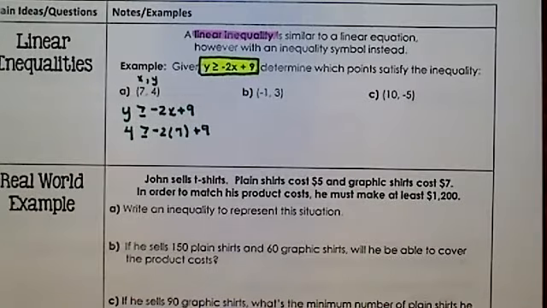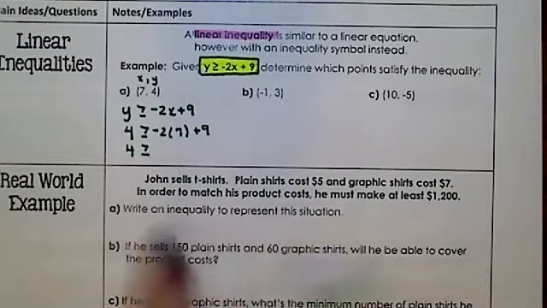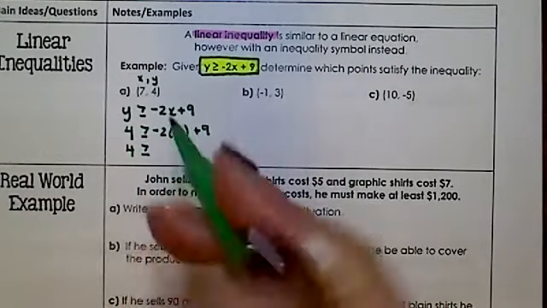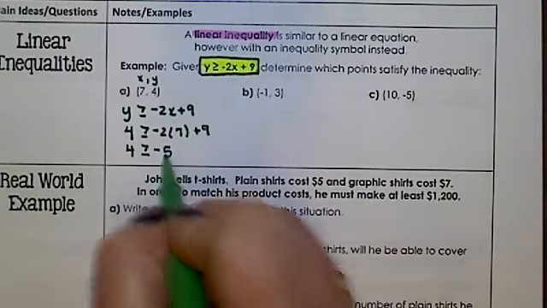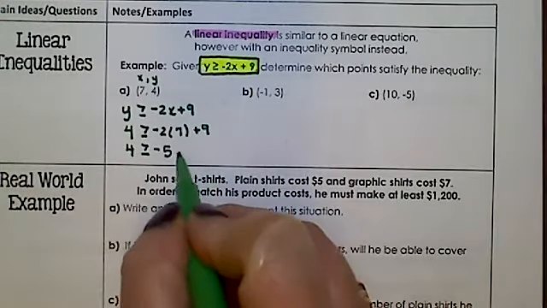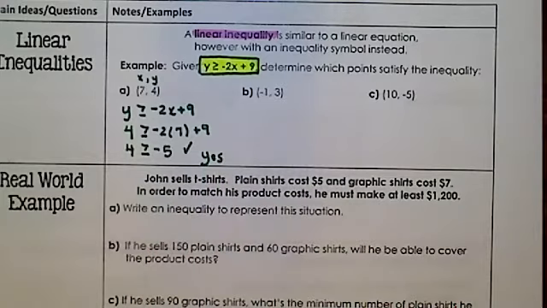I need to do the order of operations on the right side. That's going to be negative 14 plus 9, which gives me negative 5. So what I need to ask myself is, is 4 bigger than negative 5? Yes, any positive number is bigger than a negative. So this works out, and that would be yes or true.